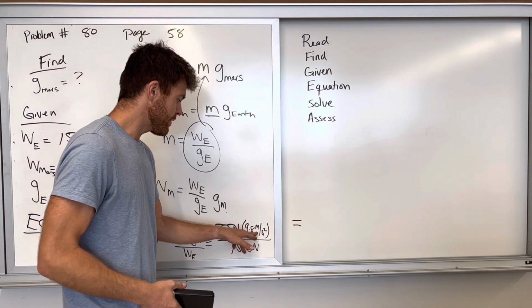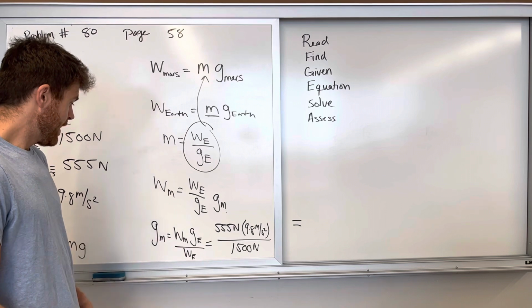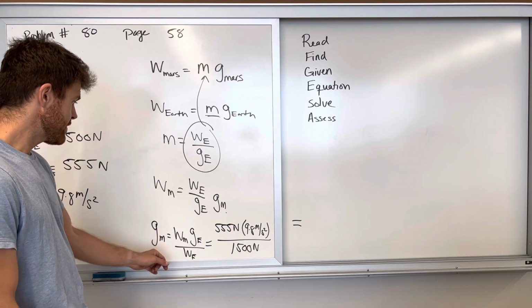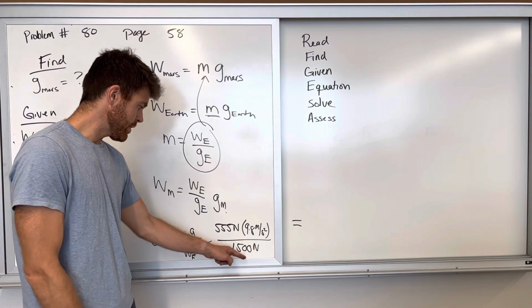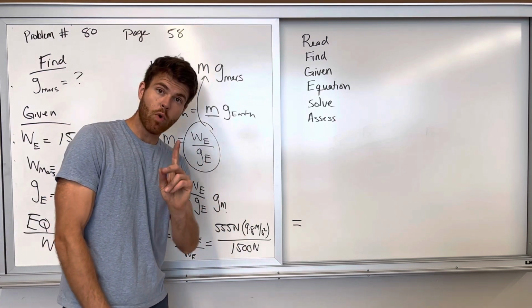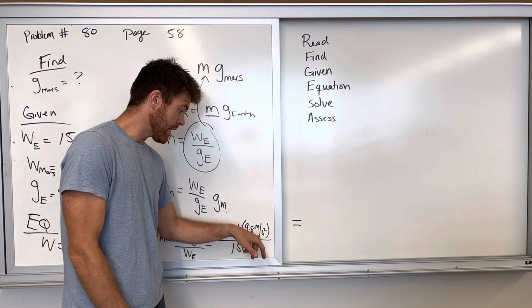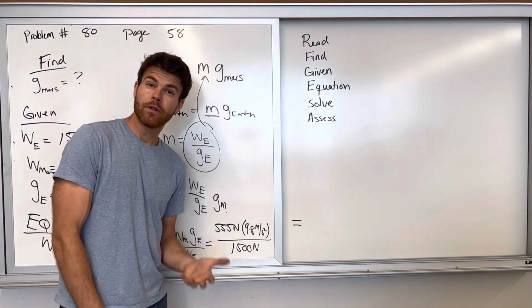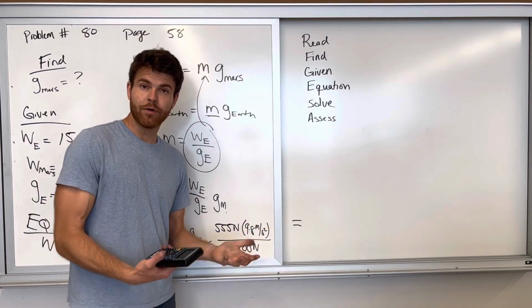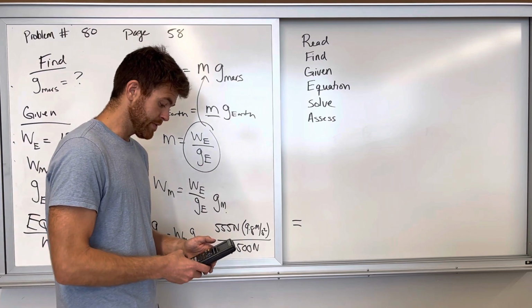We're left with units of meters per second squared, which you should be, because we're trying to get an acceleration due to gravity on Mars. This number is smaller than that number, so this quotient is going to be a number that's less than 1. Multiply a number that's less than 1 by 9.8, and we're going to get a number smaller than 9.8, which makes sense because Mars is smaller than Earth, so the acceleration due to gravity on Mars should be smaller than on Earth.